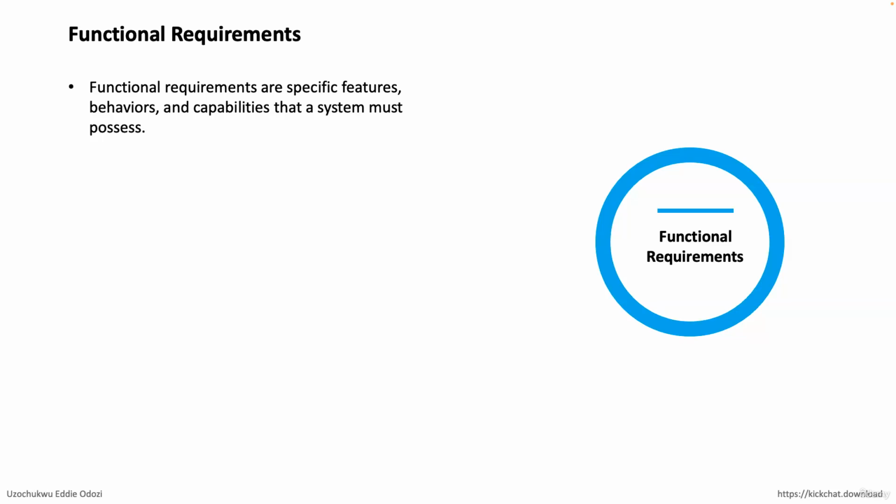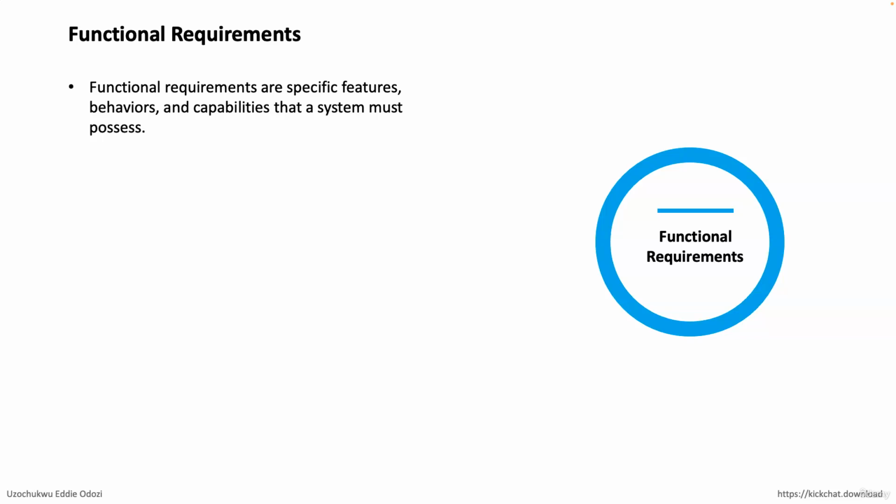So you are building, for example, a to-do application. You have to think about the functional requirements, and the functional requirements are: users should be able to add to-dos, users should be able to delete to-dos, users should be able to edit to-dos. Those are functional requirements. So the features that your application will have, you group them as functional requirements.